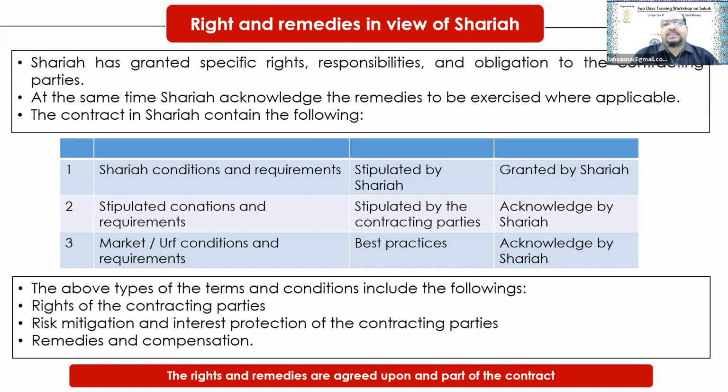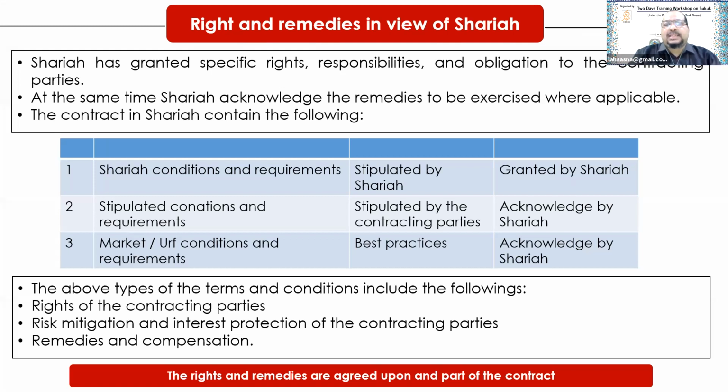We call it in Arabic the element of taradi, the consent. Consent is very crucial. Any stipulated contract should be subject to the consent of the two contracting parties. Then the third one is basically driven by market practice, the best practices. This is how the documentation is drafted according to the market practice, the laws and regulations, the court precedent cases, and the experience of the market.